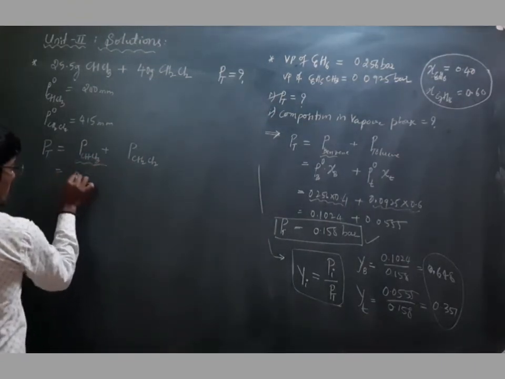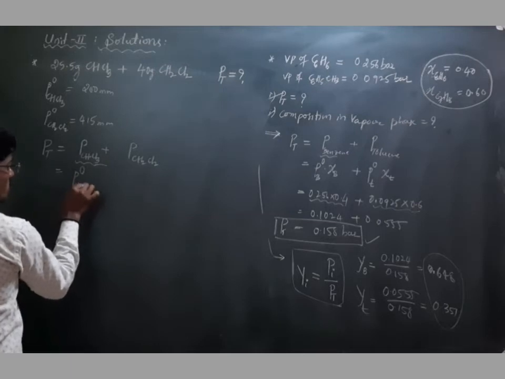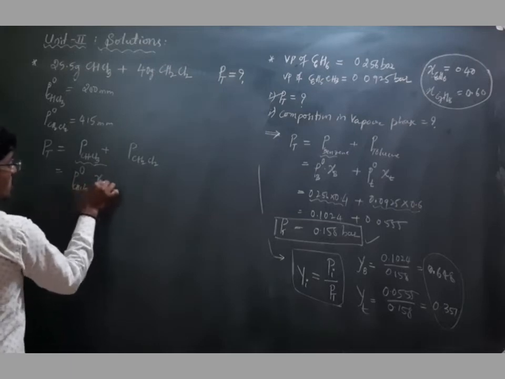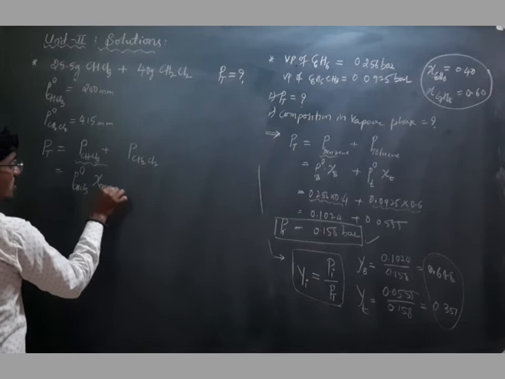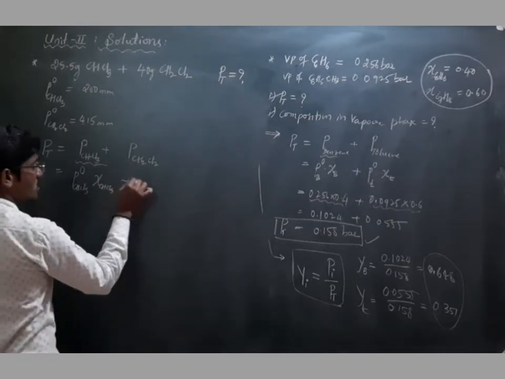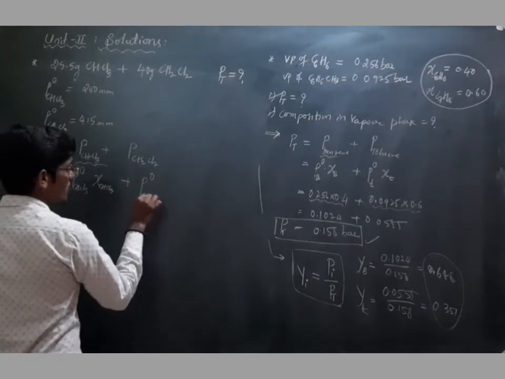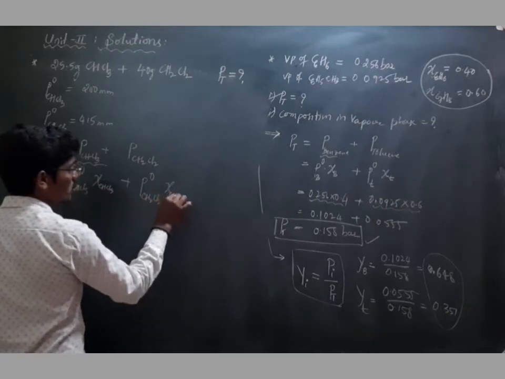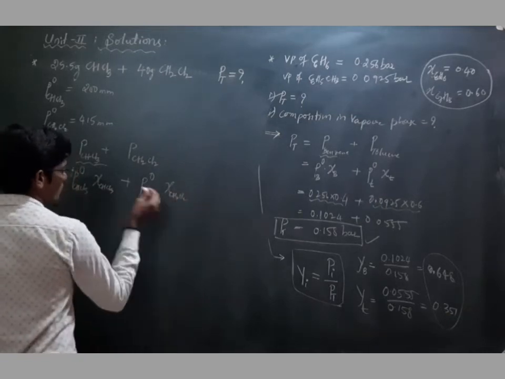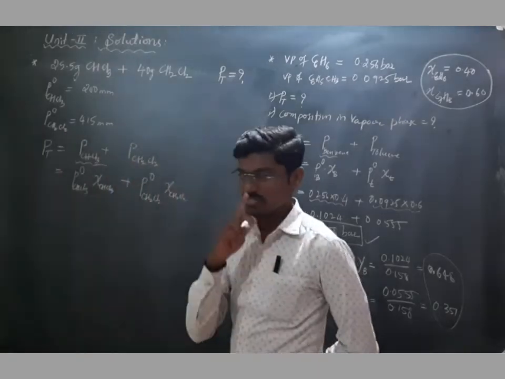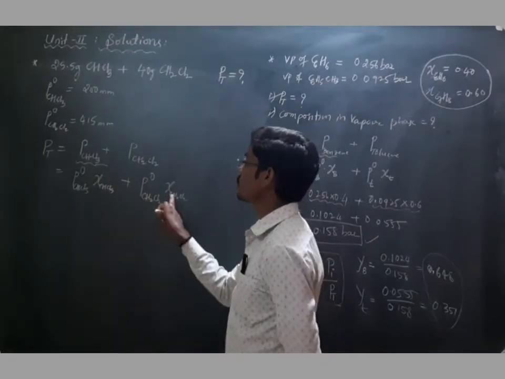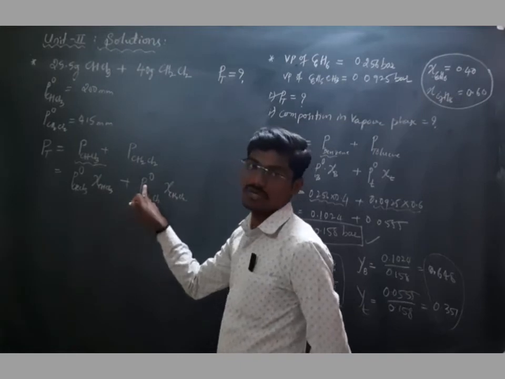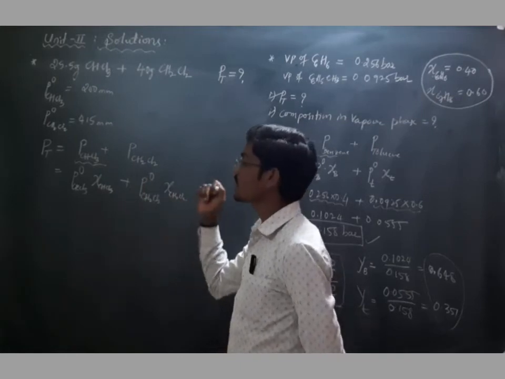This can be written as P naught of CHCl3 into its mole fraction, plus P naught of CH2Cl2 into its mole fraction. The mole fraction is not given. First, let us calculate the mole fraction, because the P naught terms are given.